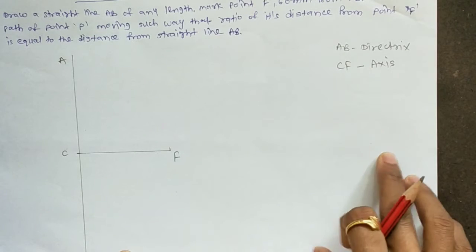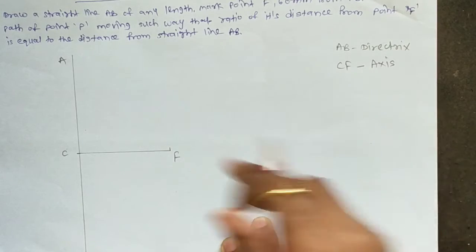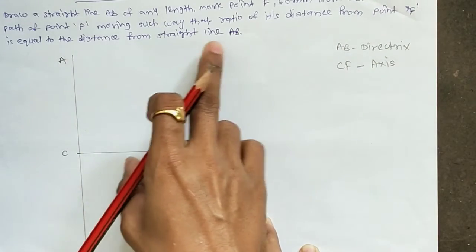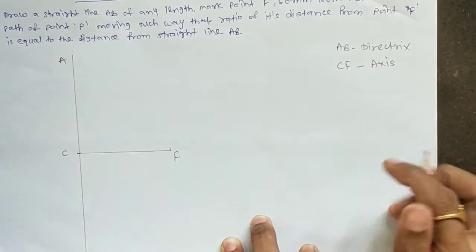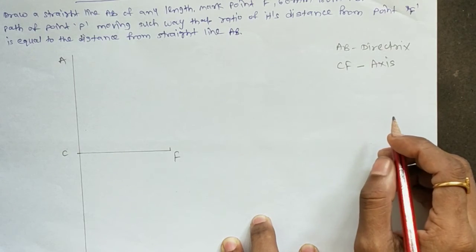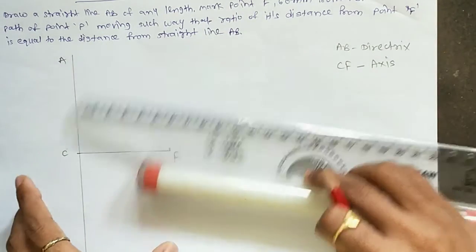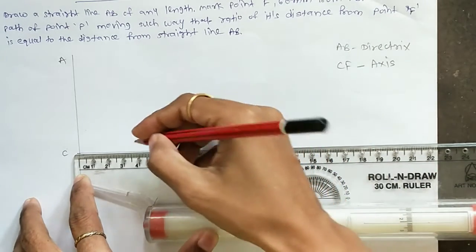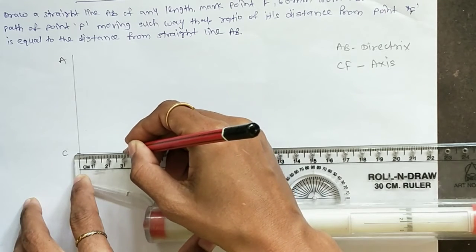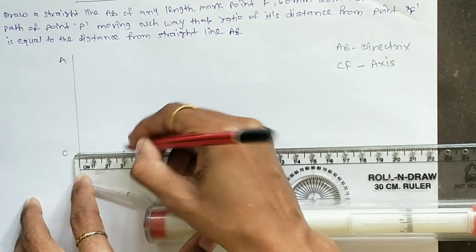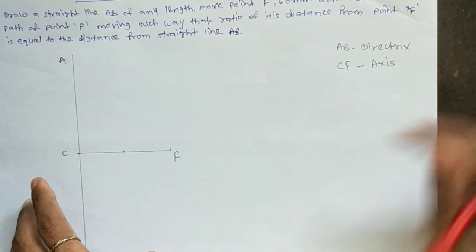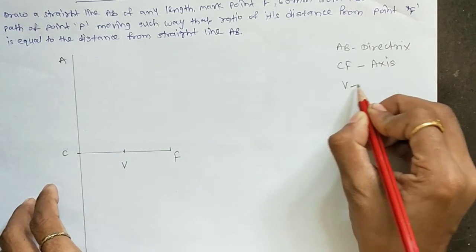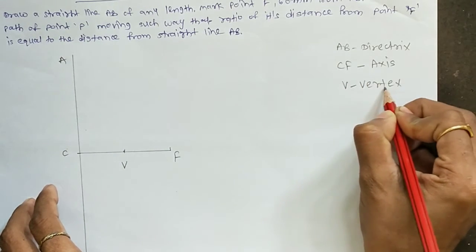Now it is given that ratio of its distance from point F is equal to the distance from straight line AB. So we have to divide line CF and take 30 mm from point C and give name to this point as point V. So V is the vertex of parabola.